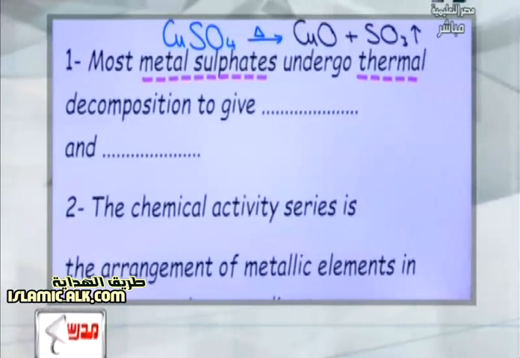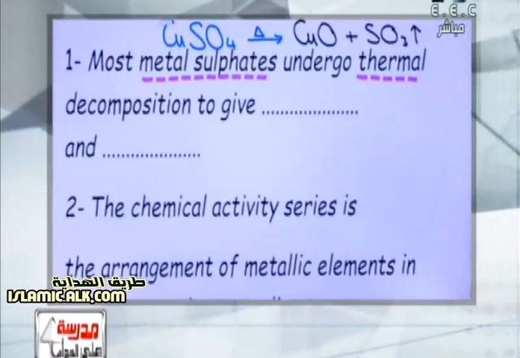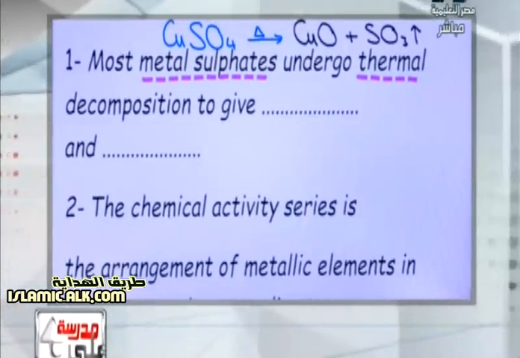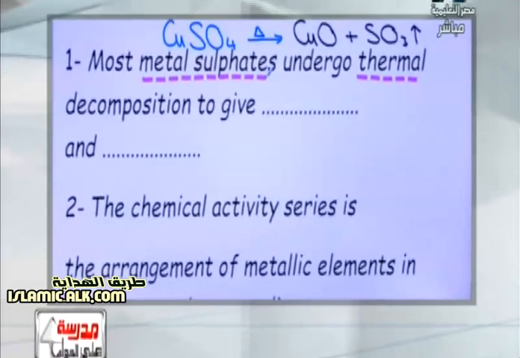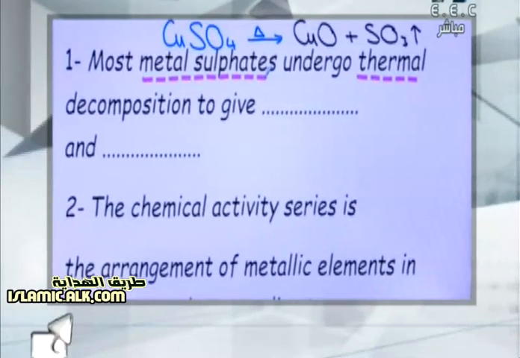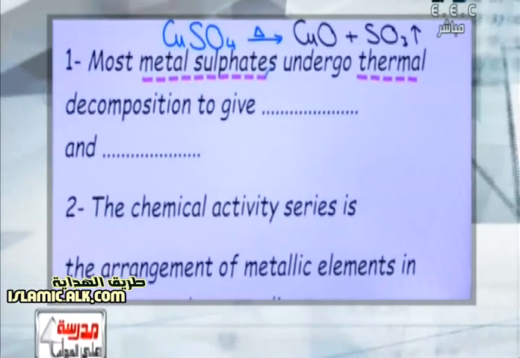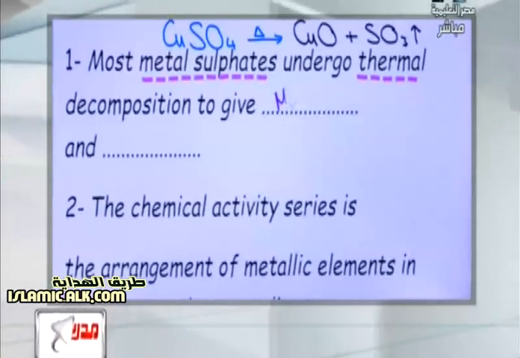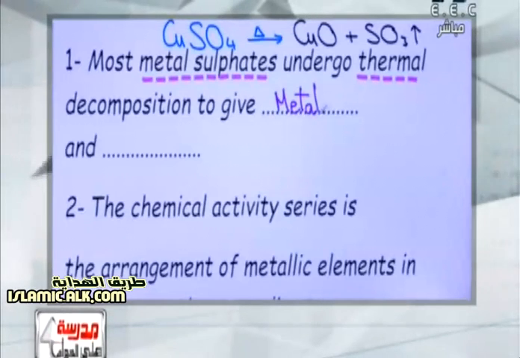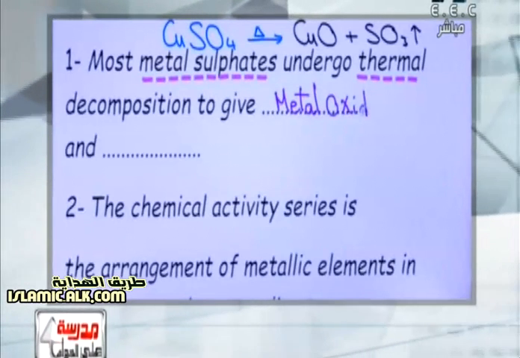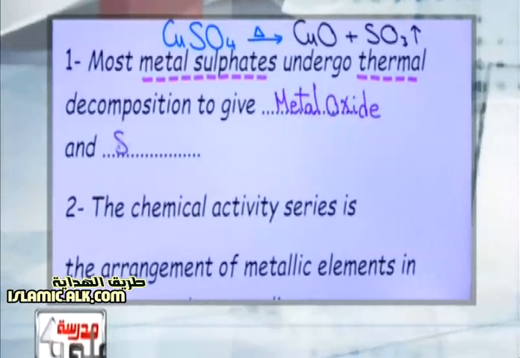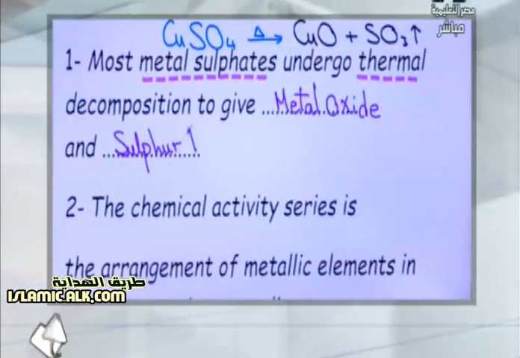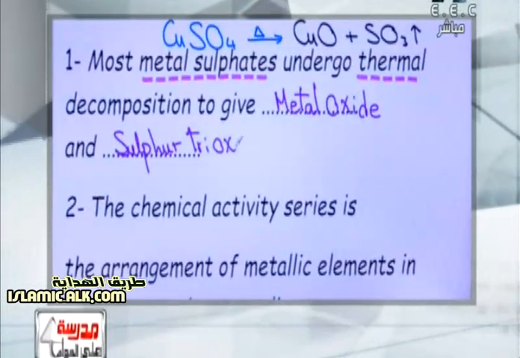So how can we answer this question? We talk about metal sulfate, not copper sulfate. So we answer generally, as the question comes in a general form. The question does not talk about copper sulfate, but about metal sulfate. So we answer: metal oxide and sulfur trioxide.